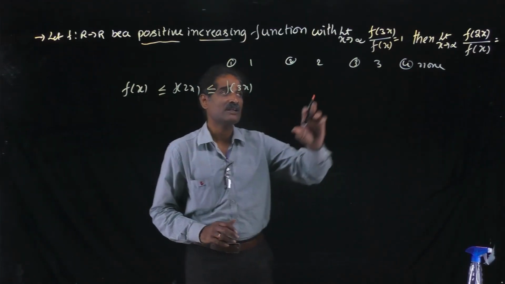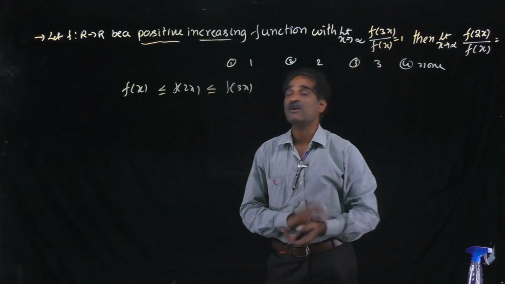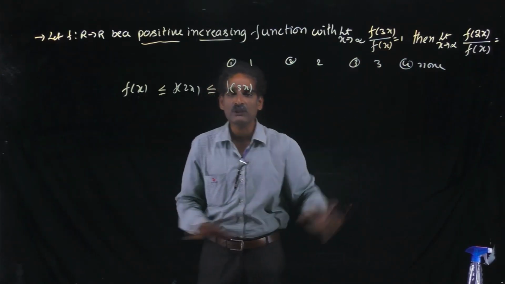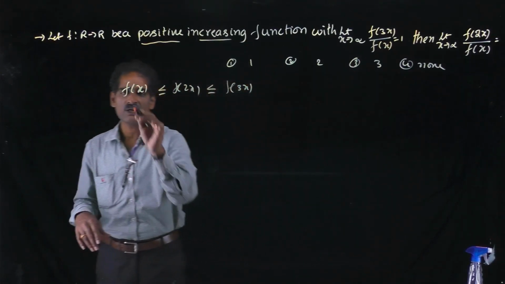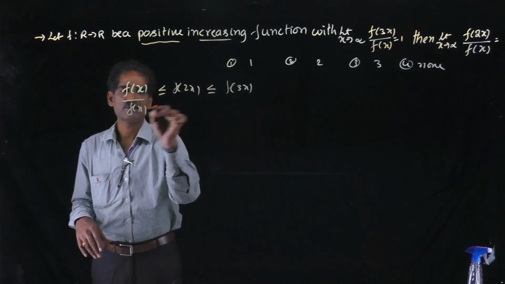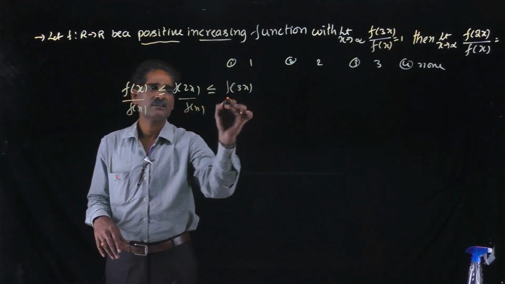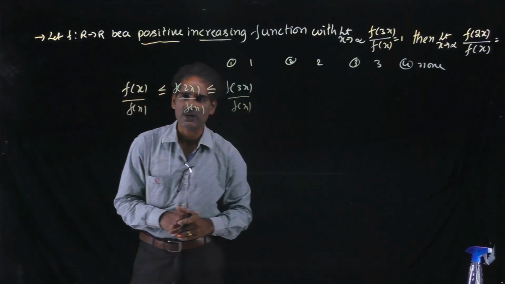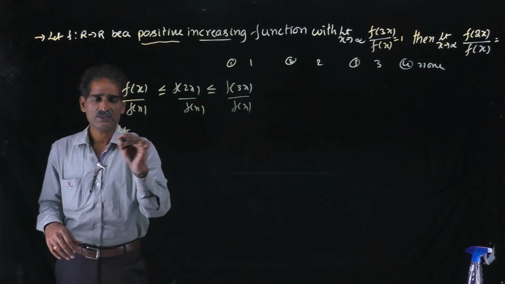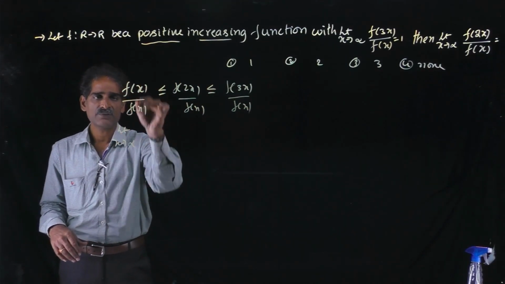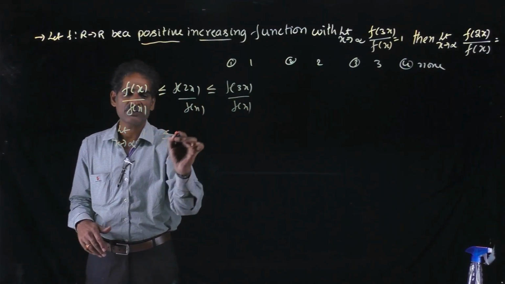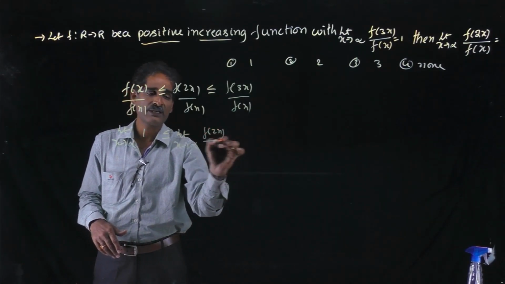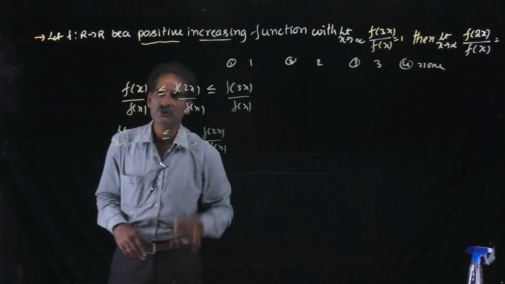And we are given that the limit of f of 3x by f of x is 1. So for this, just divide all three terms by f of x. Now apply limit x tends to infinity for all the functions. The limit of f of x by f of x is 1, the constant function. The limit of f of 2x by f of x, we have to find out this value.